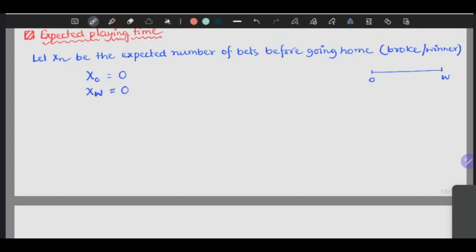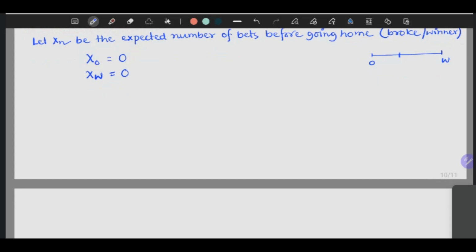If you start from w, there is no need to play. If you are broke at the first instant of time, then why should you play? And if you are a winner at the first instant, if you have that money, then why should you play? That is the intelligent expected time. And for xn, the first game you should play.